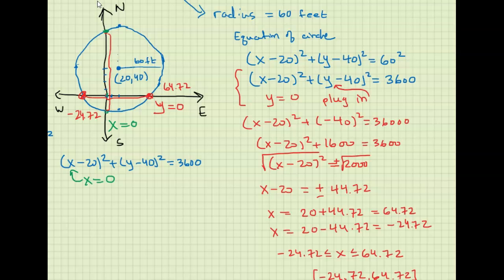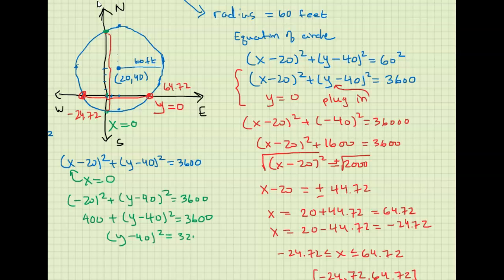We have negative 20 squared plus y minus 40 squared equals 3600. 400 plus y minus 40 squared is 3600. y minus 40 squared equals 3200.